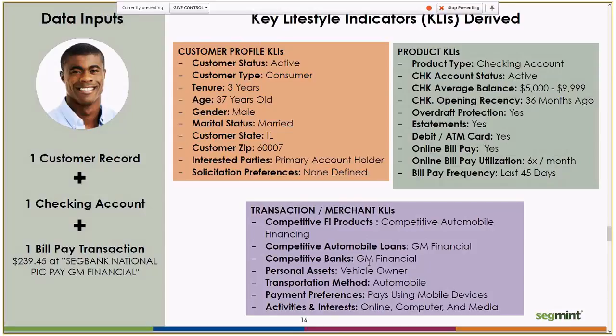So you will see within the attributes and KLIs we supply you which of your members have an auto loan with GM Financial or any other common auto loan provider, right? We know naturally if they're paying for an auto loan, they have a vehicle. They're an automobile owner, et cetera.